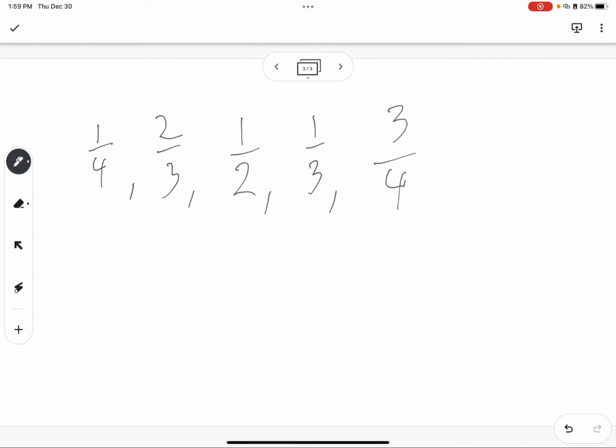So I want you to draw this, and what you're going to do is shade the part of the fraction, what the numerator says. You're going to shade those many parts, okay? And then once you come back, we'll take a look at it, okay?